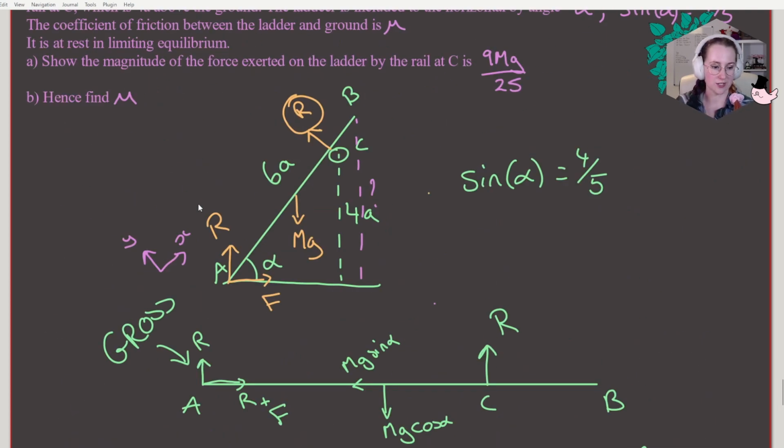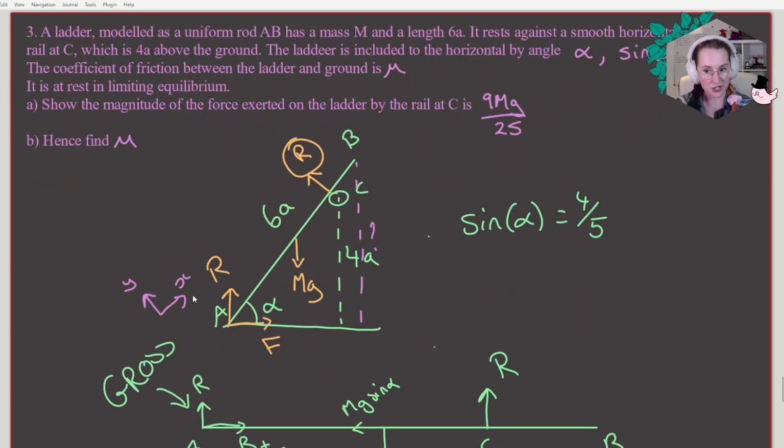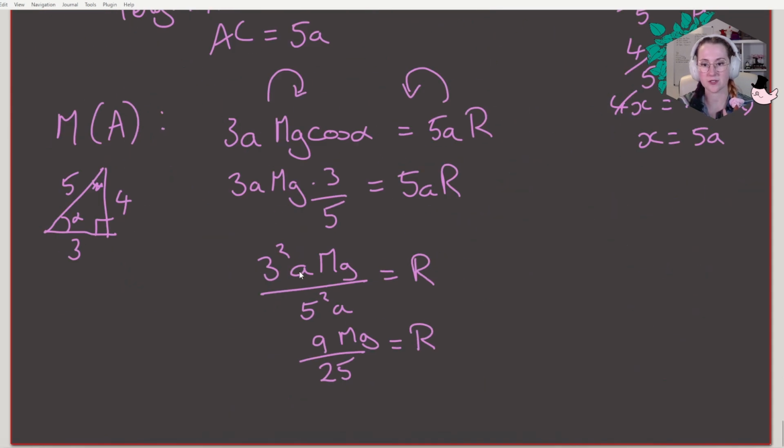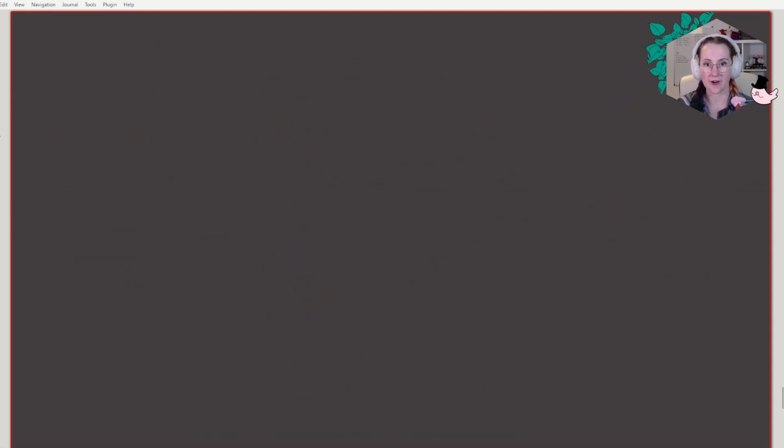Second part of that question is then find the coefficient of friction. So now we do need to include the stuff at A. But now we can go back to looking at vertical and horizontal components. So let's do another diagram, because we can tidy up and just care about what we care about. So now we have our rod, we have our labeling.